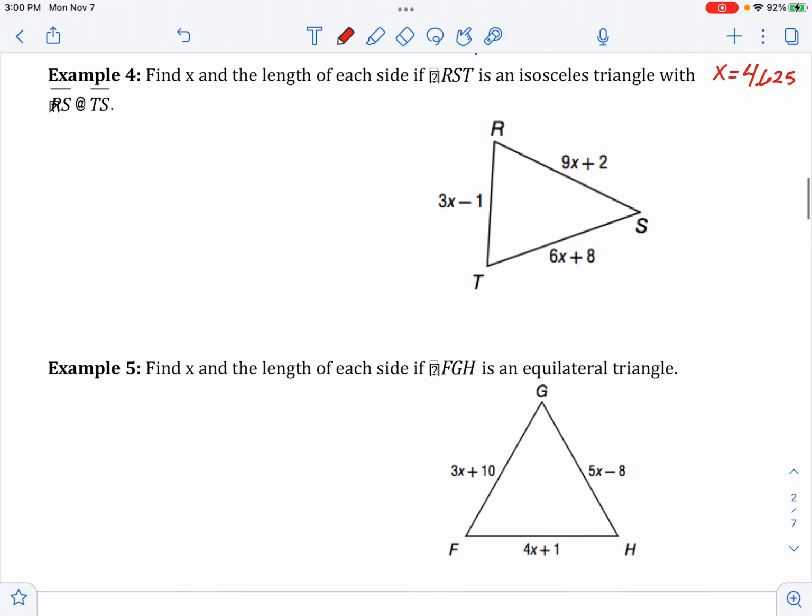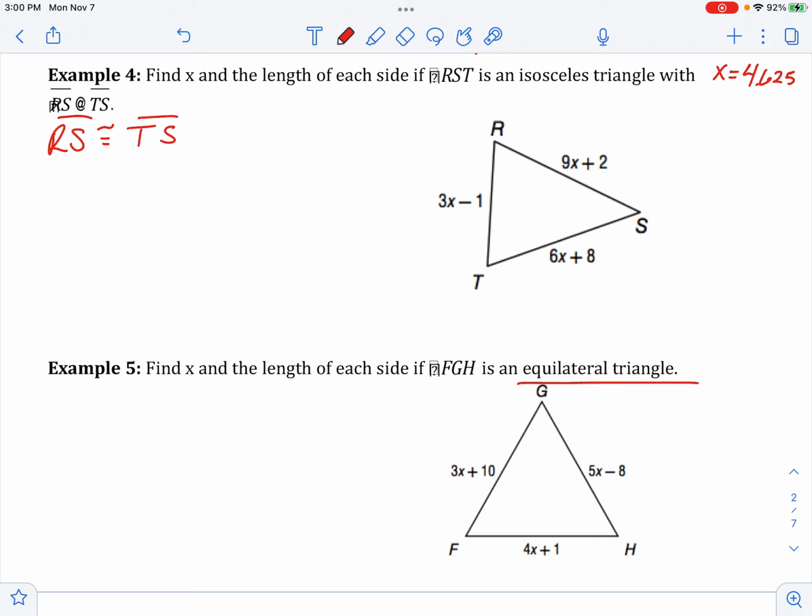All right. Again, I would encourage you to take a look at these. RS is congruent to TS. This is an equilateral triangle. This is one, again, that you can try on your own and then unpause and check your work when you're done. And if this is equilateral, on example 5, it doesn't matter which 2 I set equal to each other.